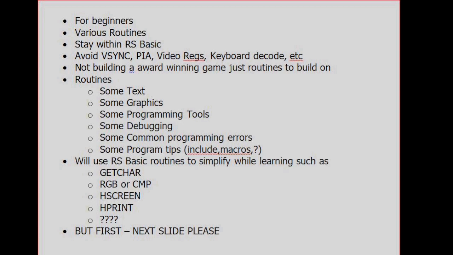For setting up our graphic stuff, we'll use the HSCREEN command like you would in Basic. When you say HSCREEN 2, we're going to be able to do that and let Basic set everything up for us. HPRINT the same way. We'll give it an XY coordinate and go off to HPRINT and let us print stuff on the screen and whatever else we may find in routines.